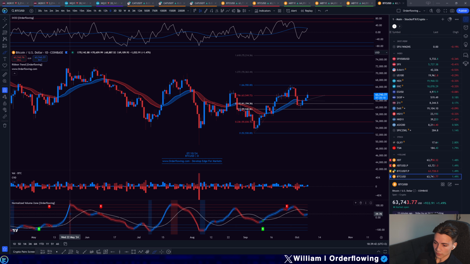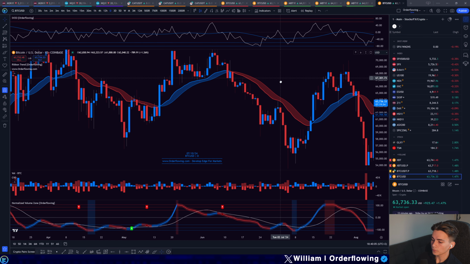And opposite, we have the background turning red when the volume zone is in deeply overbought conditions. So we had that printing around this level here at this candle.